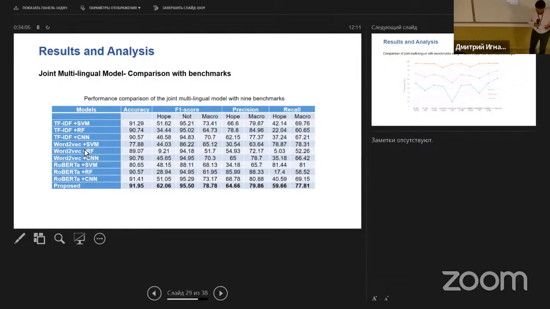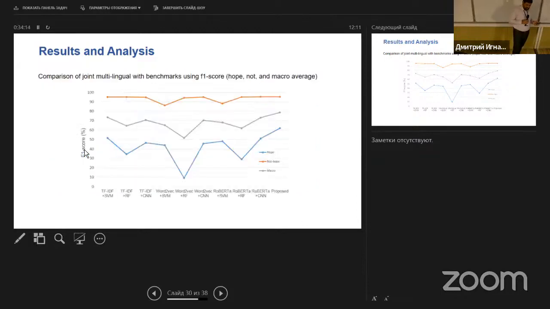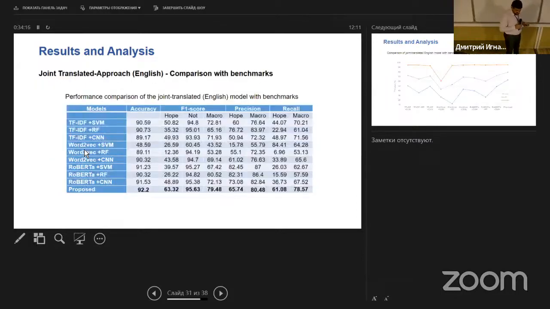You can see the F1 score even class-wise, hope speech, not hope speech, and on macro F1. Then for the English part, we can see that it also outperforms the 9 benchmarks. The accuracy, F1 score, precision and recall measures are here.